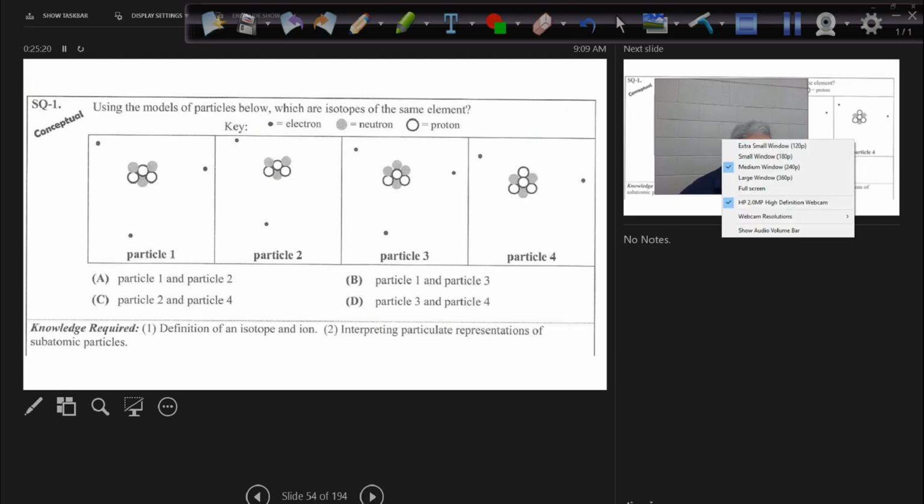So using models of particles below, which are isotopes of the same element? Give you protons, neutrons, and electrons.